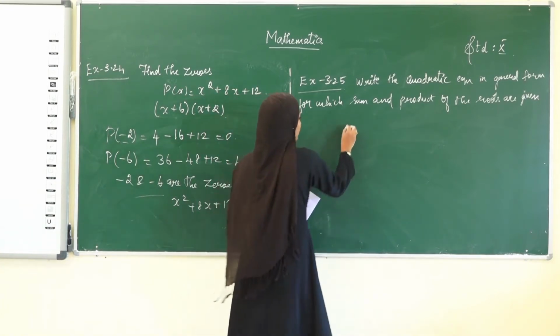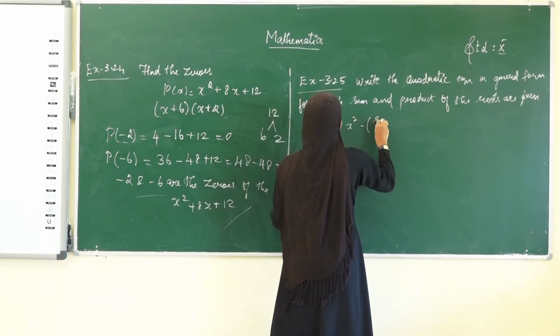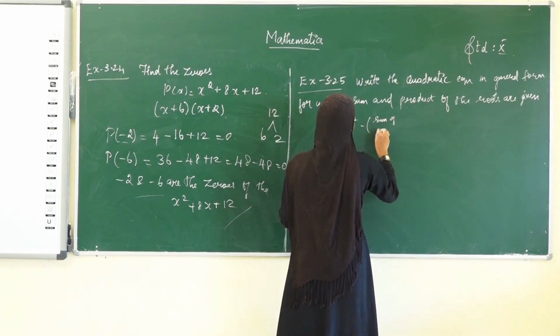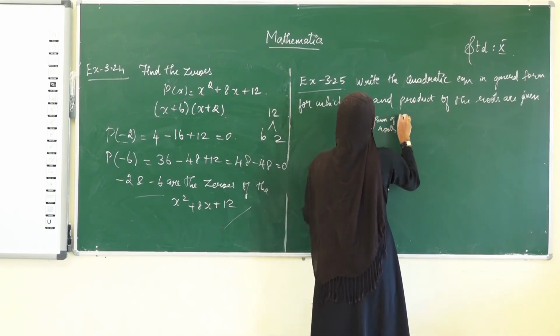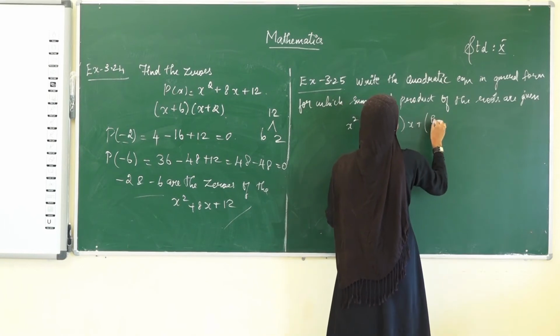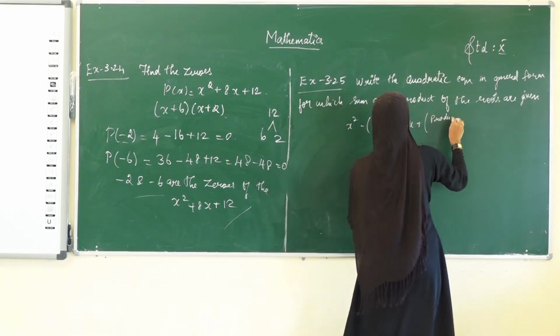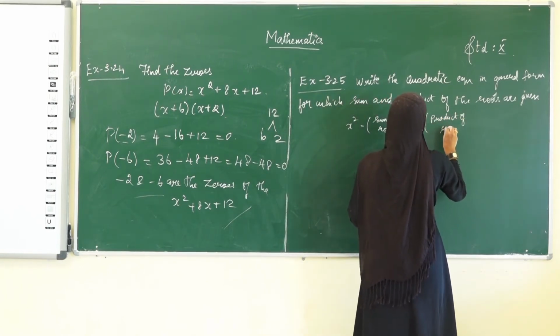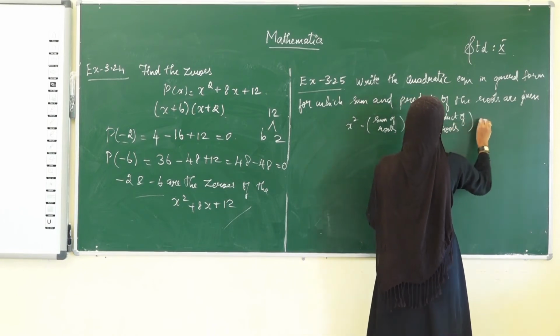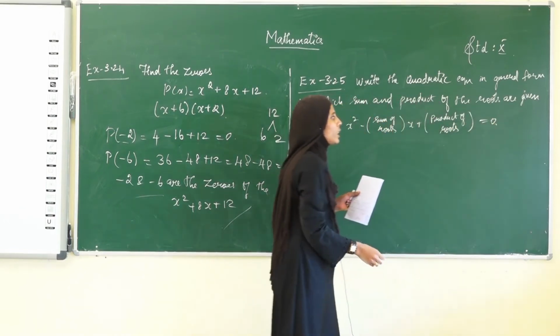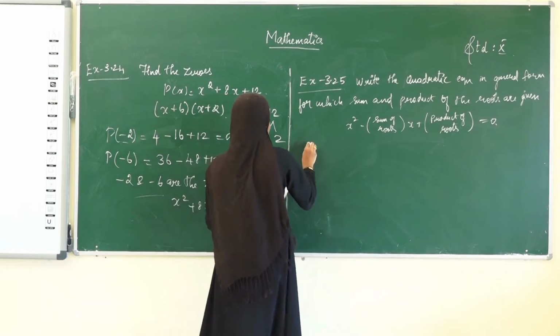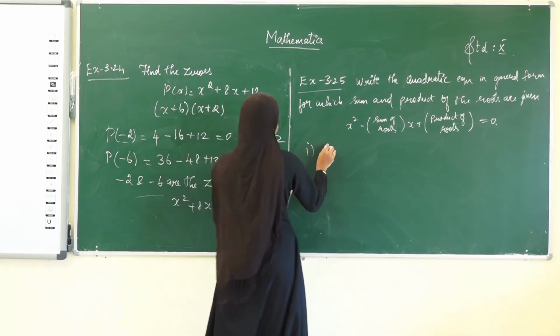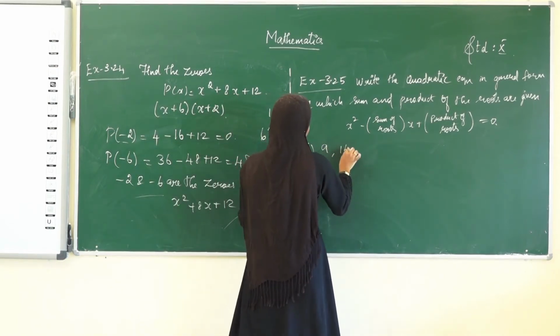What's the general form? x squared minus sum of roots into x plus product of the roots, which is equal to 0. This is the general form of the quadratic equation that we are going to use. What's the first subdivision they have given? 9, 14.